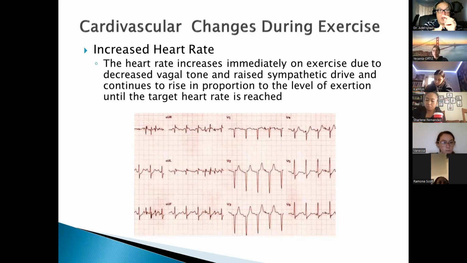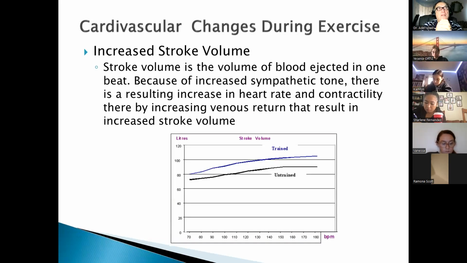So number one, they will ask you in the exam about what happens during stress tests, what you expect, increased heart rate or decreased heart rate. Normally, it should increase. Then when we have this increased heart rate, we will also get increased stroke volume.